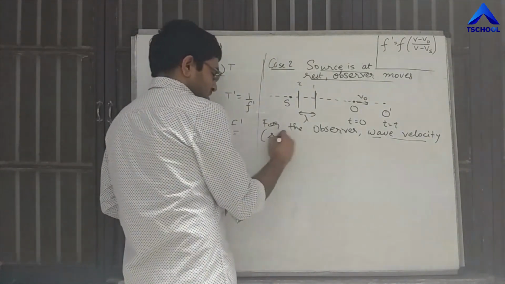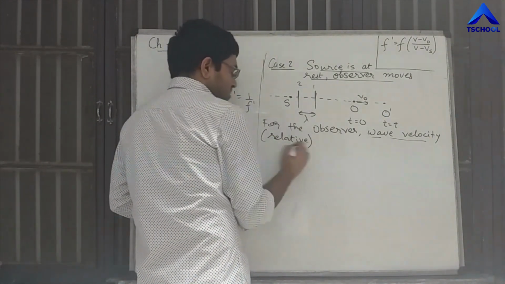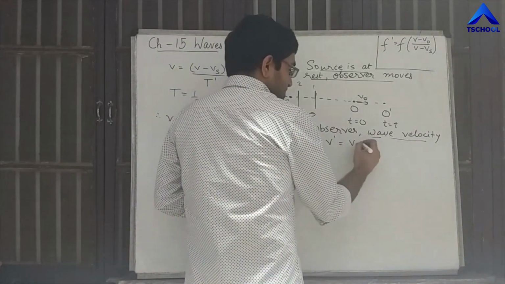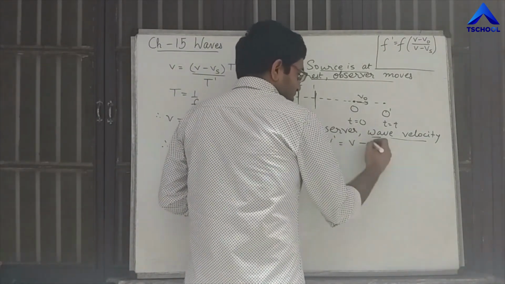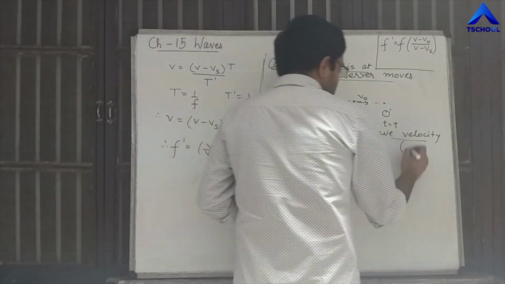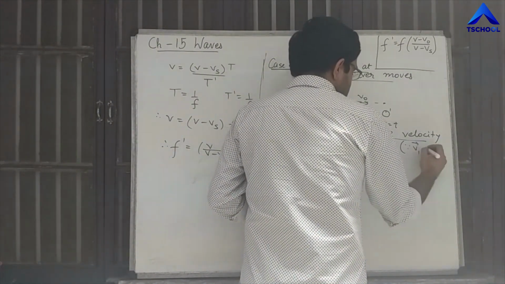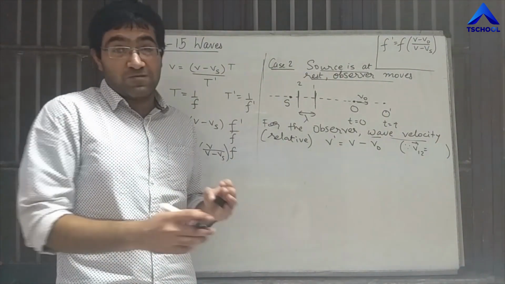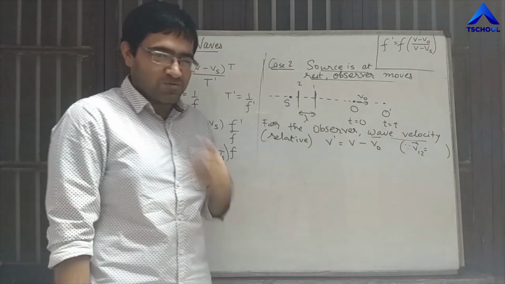Let me write that in bracket, it is going to be v dash, which is going to be v, that is speed of sound, minus velocity of the observer, because of the basic relative velocity relation that I'm sure you remember. v12 vector is v1 vector minus v2 vector. I'm not writing it on the board over there.